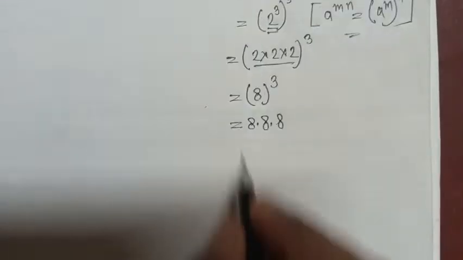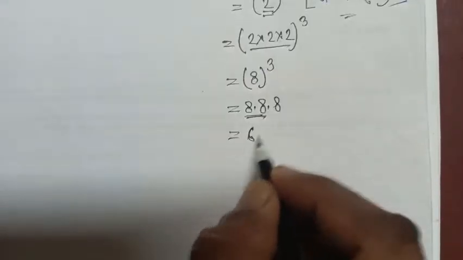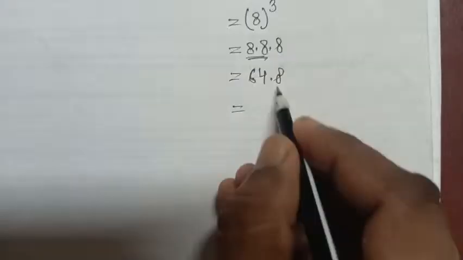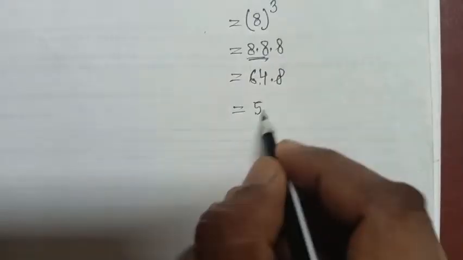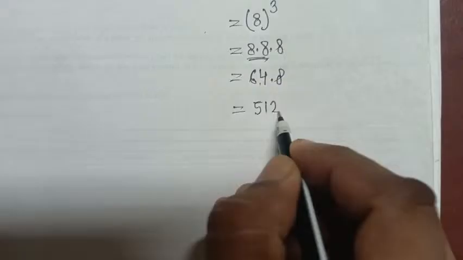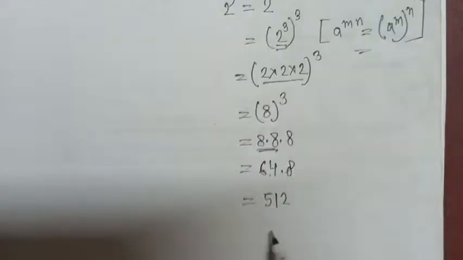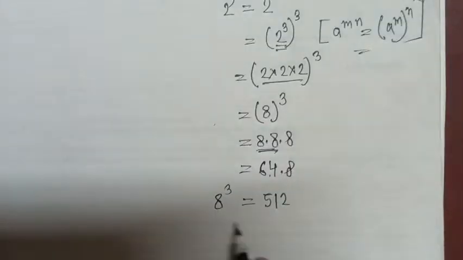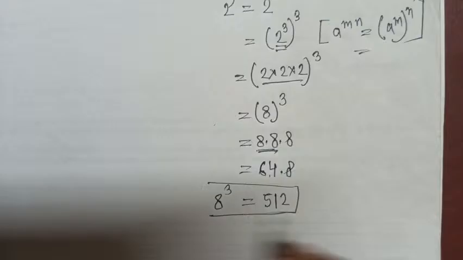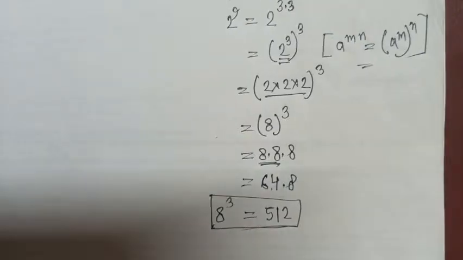If we multiply 8 into 8, that means 64, and 64 into 8 gives 512. So 8 cube is equal to 512. Now we know that it is also equal to 2 to the power 9.